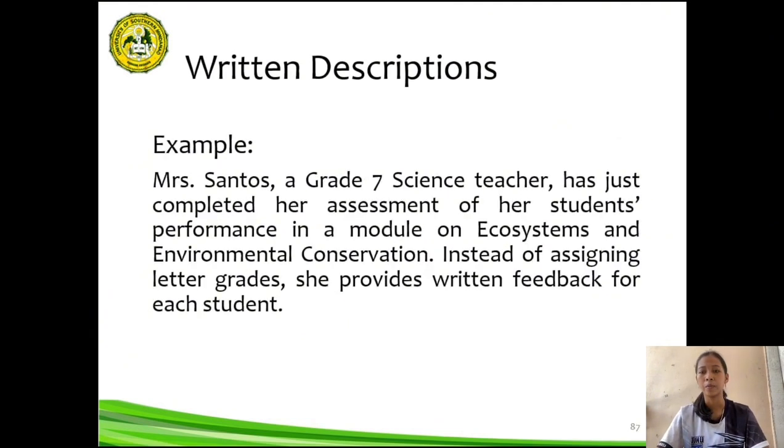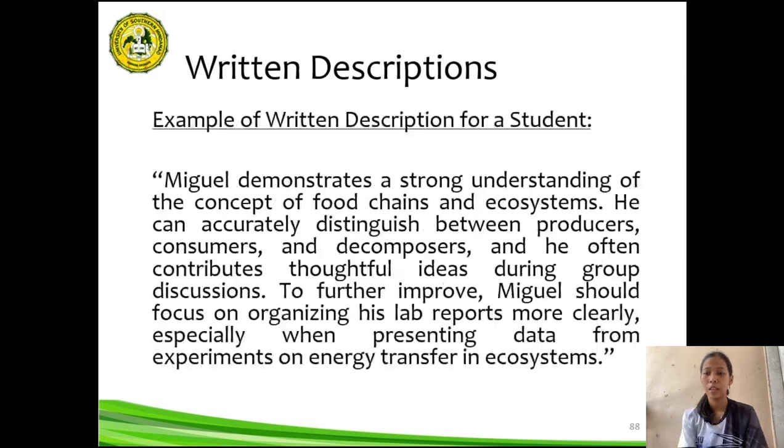So, example here. Ms. Santos, a grade 7 science teacher, has just completed her assessment of her students' performance in a module on ecosystem and environmental conservation. Instead of assigning letter grades, she provides written feedback for each student. Example of written description for students that Ms. Santos provide. Miguel demonstrates a strong understanding of the concept of food chains and ecosystem.